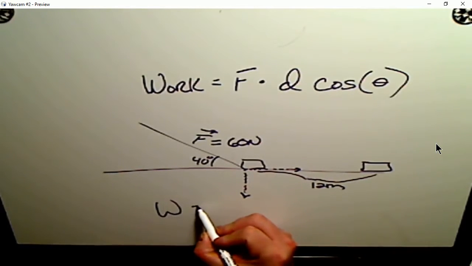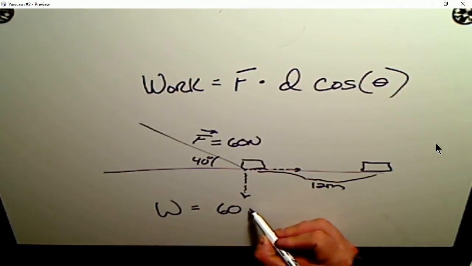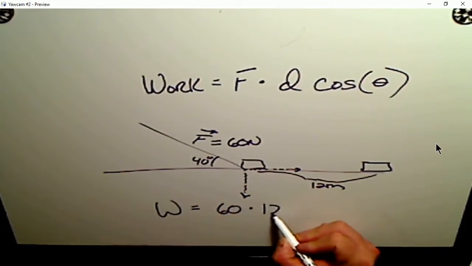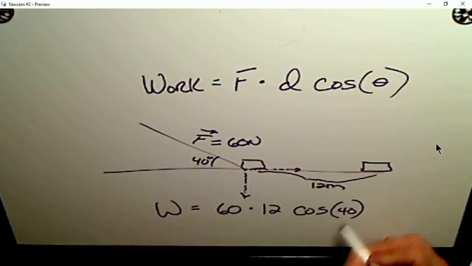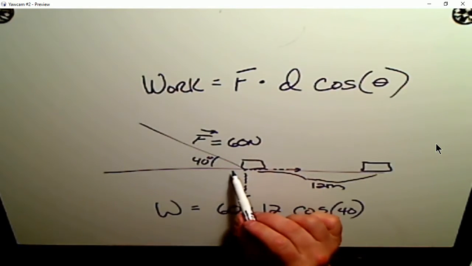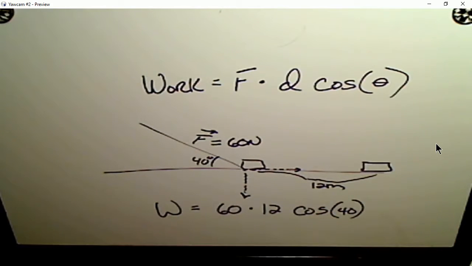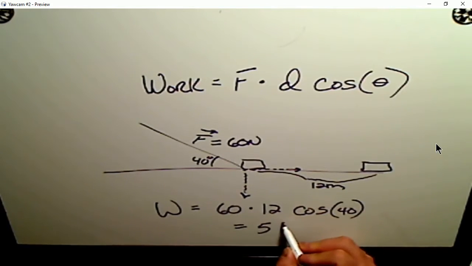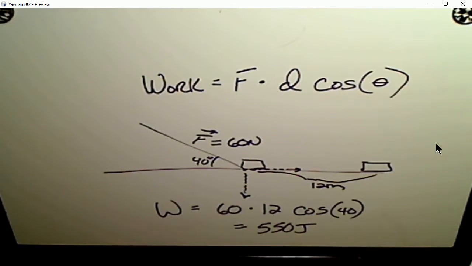Work is equal to the force 60 times the distance 12 times cosine of 40. The cosine being, of course, that portion of the force vector that is actually making the movement happen. If you did this example here, you would get 550 joules. That's work in a nutshell.